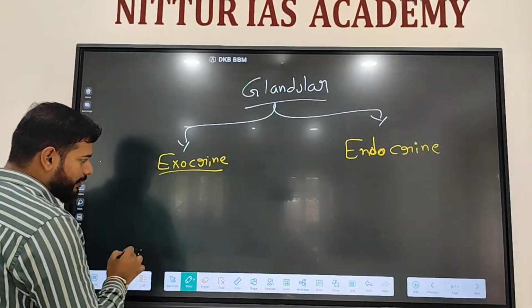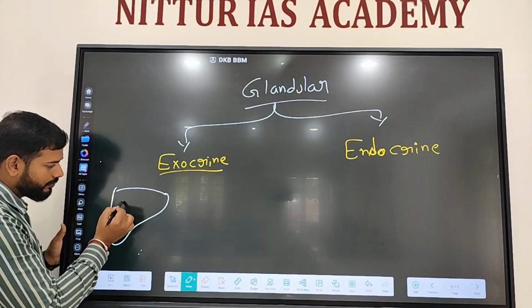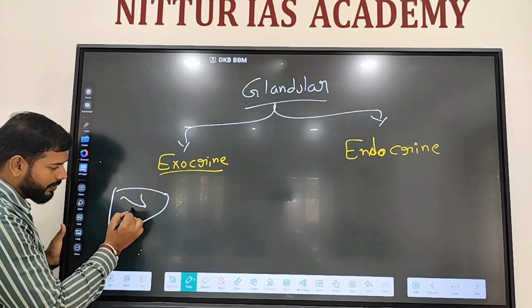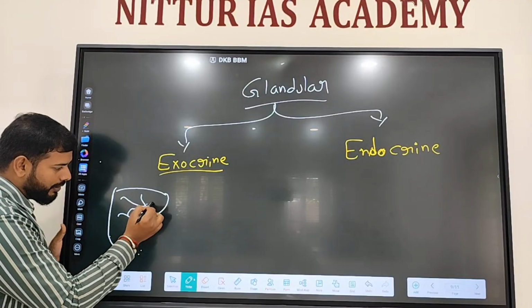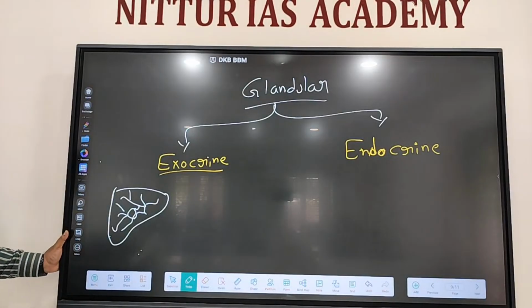Exocrine gland means the glands will be having ducts. Duct means pipe, a pipe-like structure.